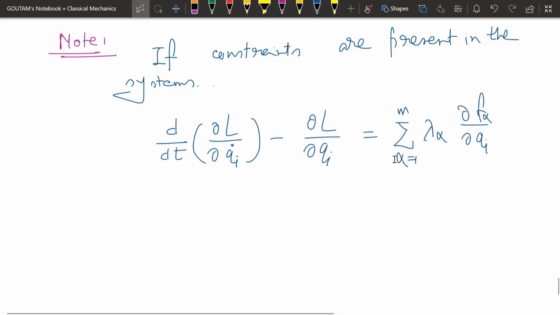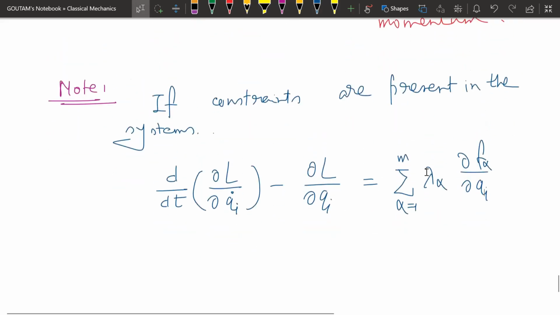So here the λ_α are the Lagrange's undetermined multipliers, and this f is a constraint equation. So if we have m number of constraint equations, in that case, the Lagrangian equation of motion will look like this.